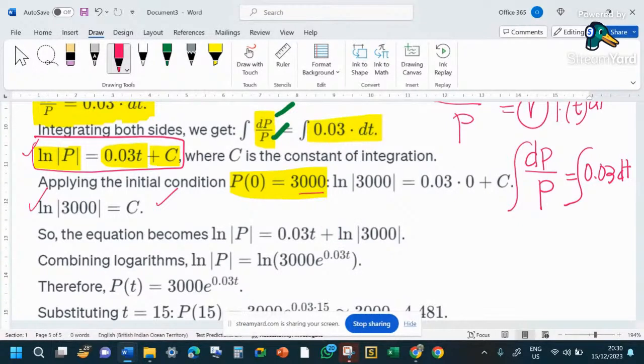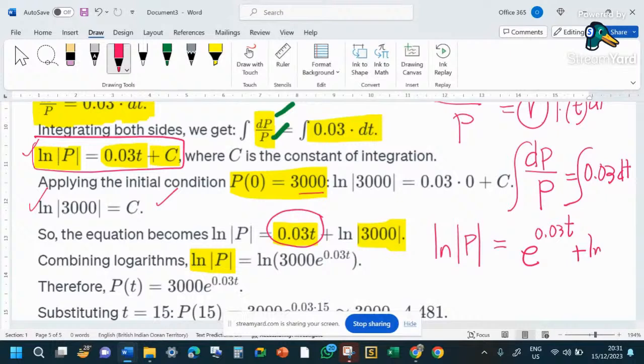Hence, we do P is equal to 3,000 times e raised to 0.03t. You're going to convert it as a power, because ln P will be equal to e to the 0.03t plus ln 3,000.